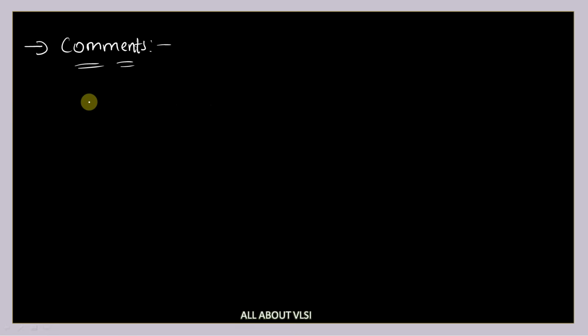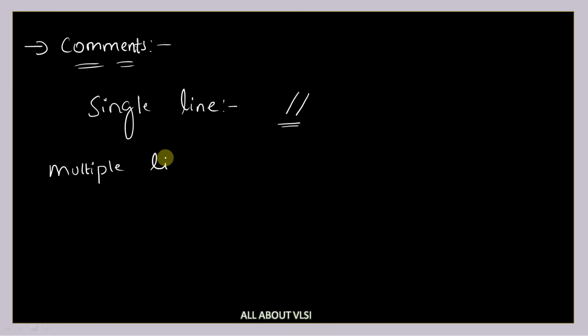There are two types of comments. One is single line comments, where you use two slashes, and the other is multiple line comments, which is slash star followed by multiple lines of comment followed by star slash.